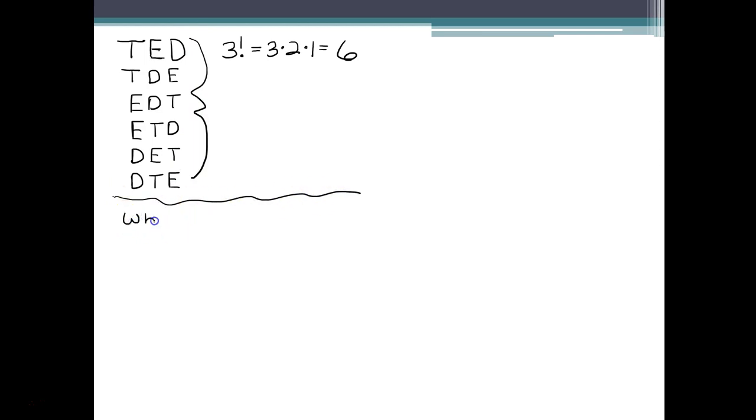But what about Bob? Okay, different name. You should still have 3 factorial, or 6 different ways. Let's see here. B-O-B. If I switch the B's, I still have B-O-B.